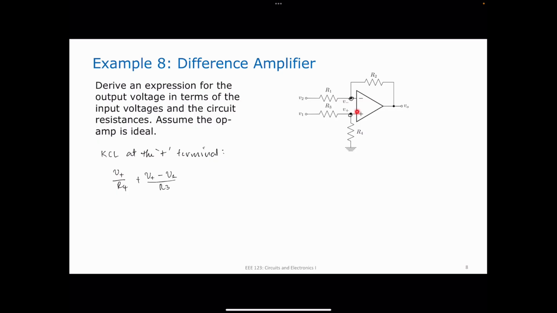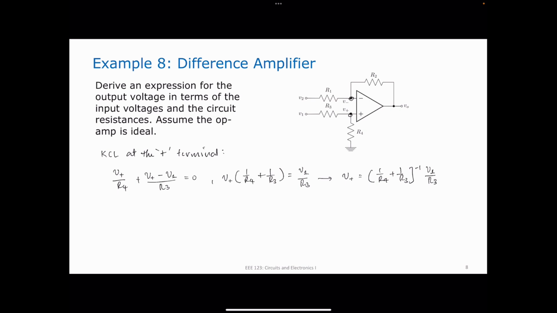Remember again, there is no current entering the non-inverting terminal, so this is going to be equal to 0, and I can isolate V plus. I'm going to get V plus times (1 over R4 plus 1 over R3) is equal to V1 over R3, or V plus is equal to (1 over R4 plus 1 over R3) raised to the minus 1 multiplied by V1 over R3.